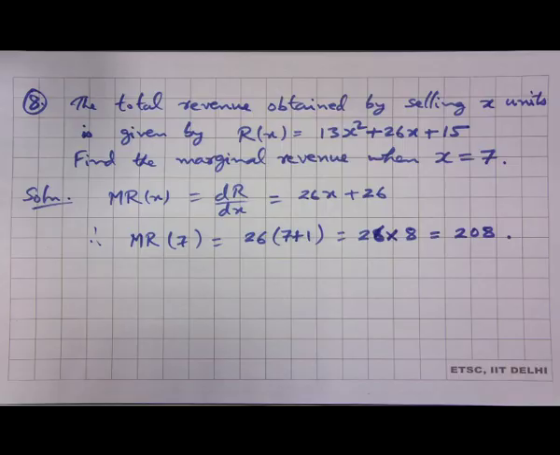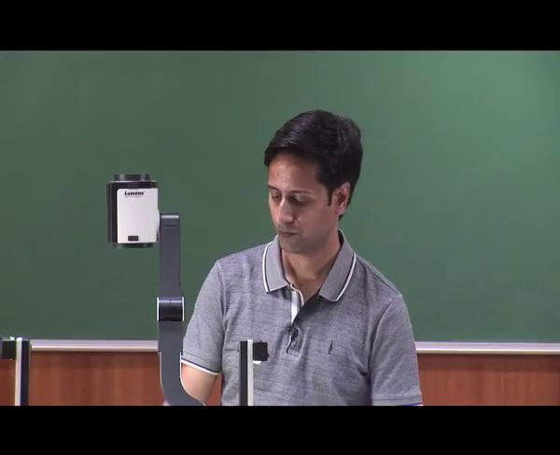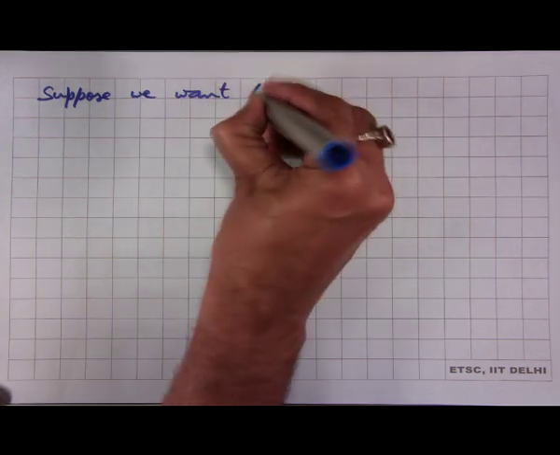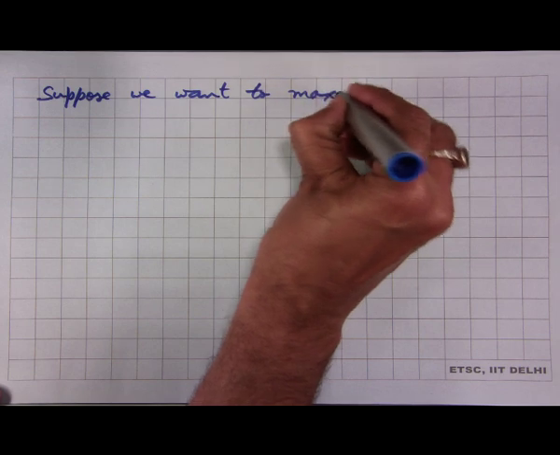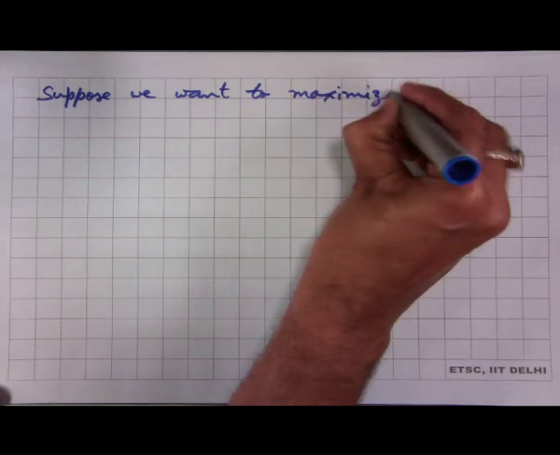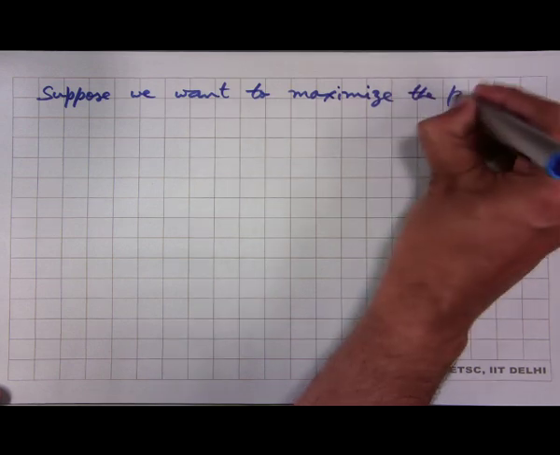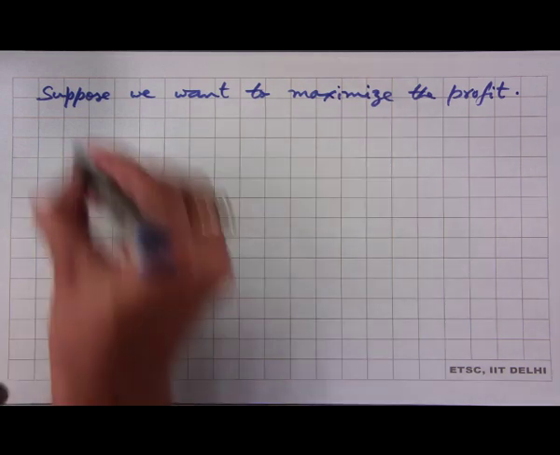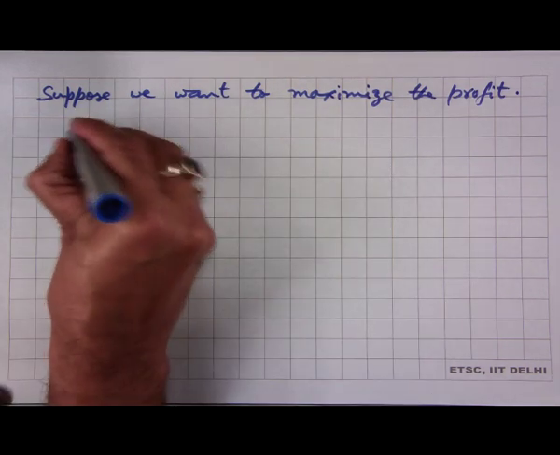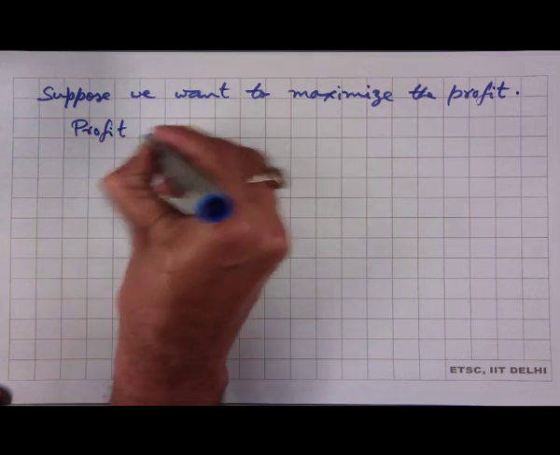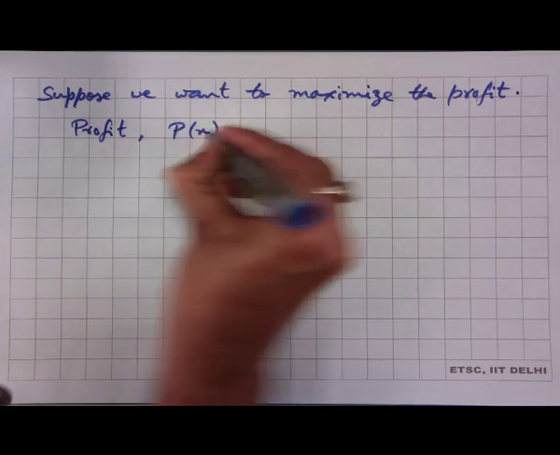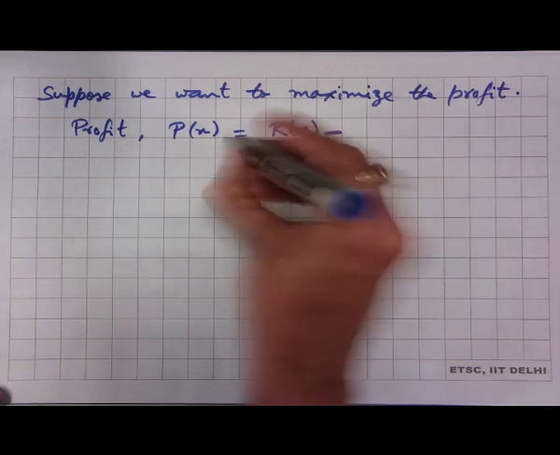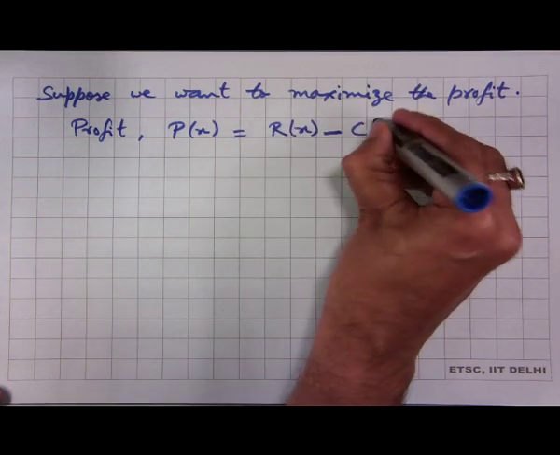Now, suppose we want to maximize the profit, then what should we do? So, we know that profit P of x is the revenue R of x minus the cost C of x.